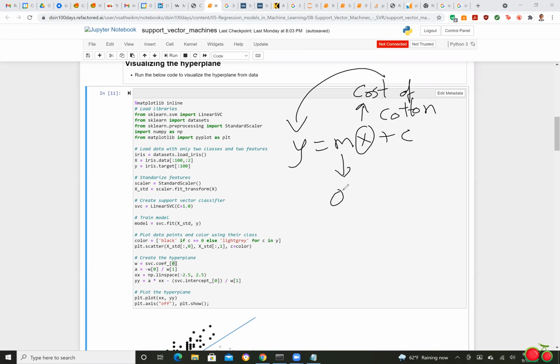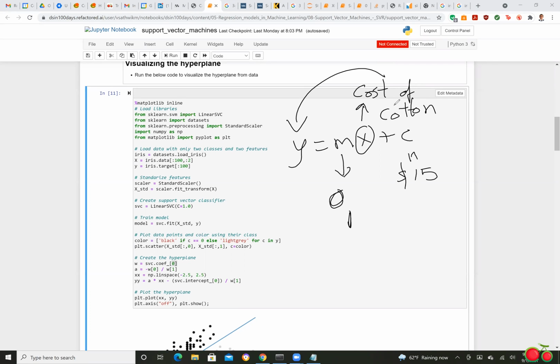When the coefficient was 1, there was some influence, a very linear relationship. As my cost of cotton increased, my price of fabric went up by that much, correct? Because c was constant at $15.